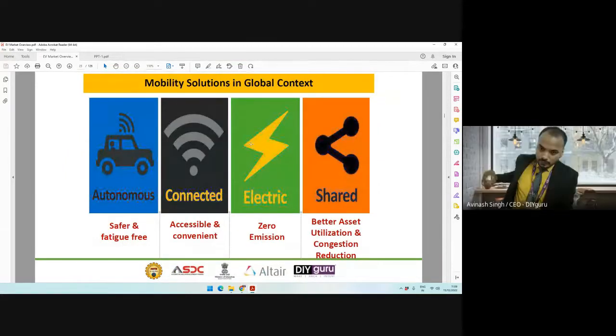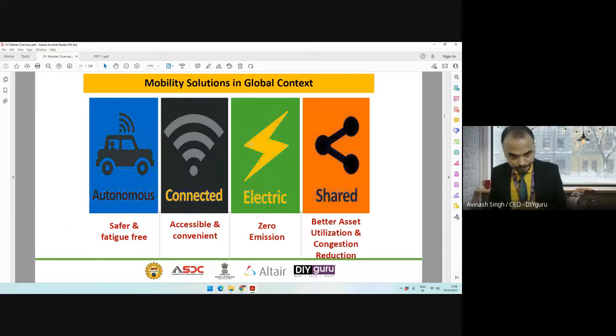So this is where every other research paper, every other market research that you will do in the electric vehicle industry, you will always see these four terms being used very commonly, right?